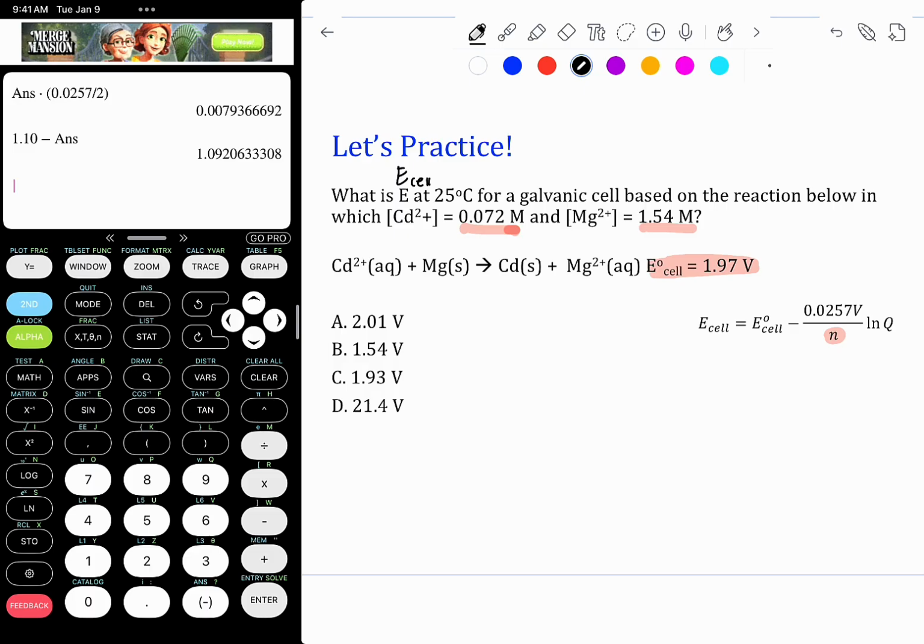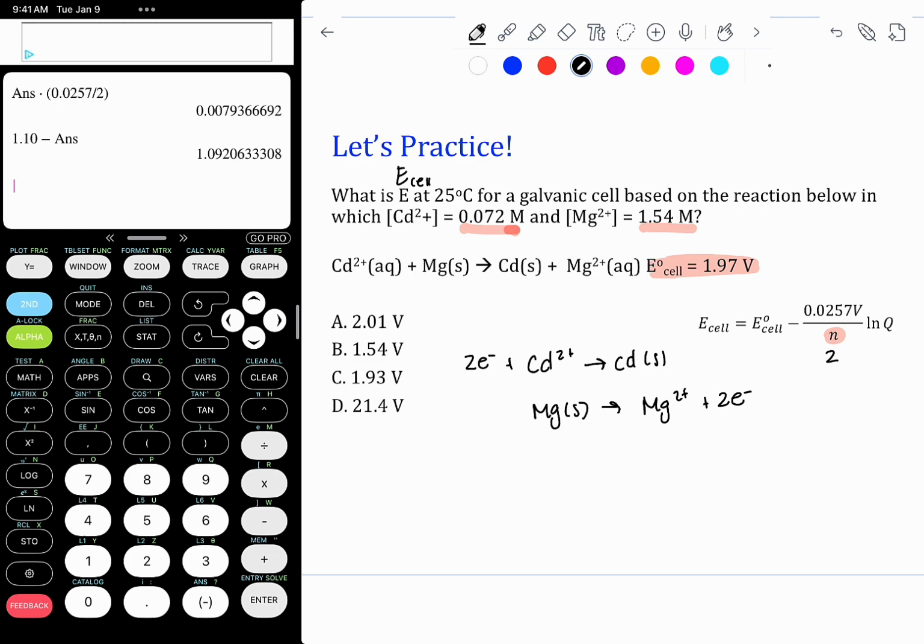Okay, so if you were to write out the 2 half reactions, you should get that cadmium 2+ turns into cadmium solid. So we need 2 electrons on that side of the reaction to balance it. And then magnesium solid turns into magnesium 2+ and 2 electrons on that side.